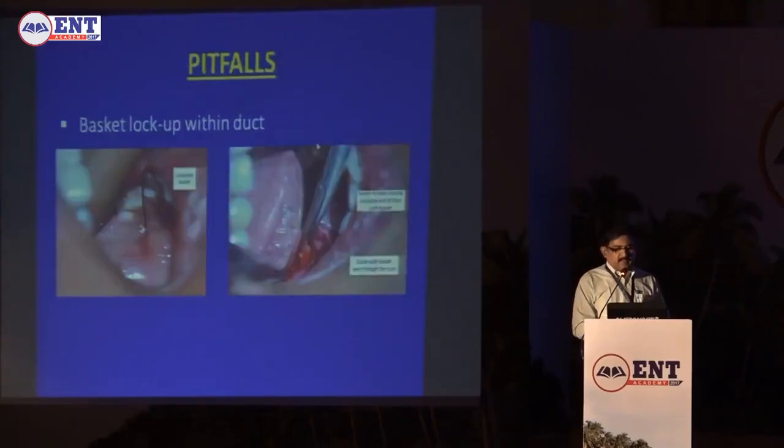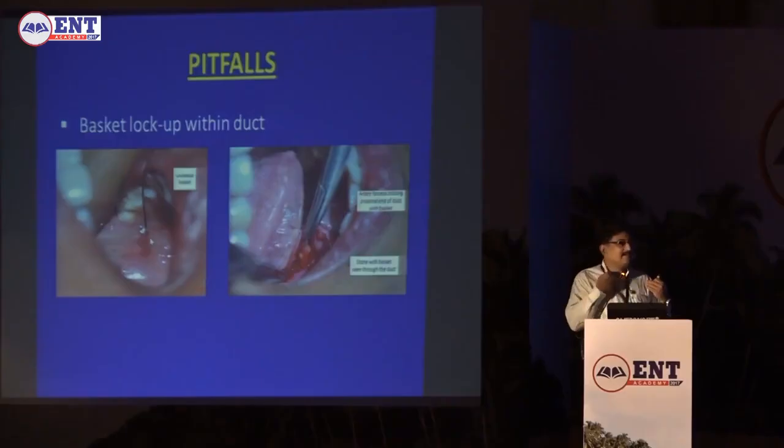So this is a case where stone was caught in a basket, we pulled out. At one point, the stone stopped coming, it doesn't move forward. Then if you pull forcibly, the whole thing will be pulled out, but the duct will be severed.